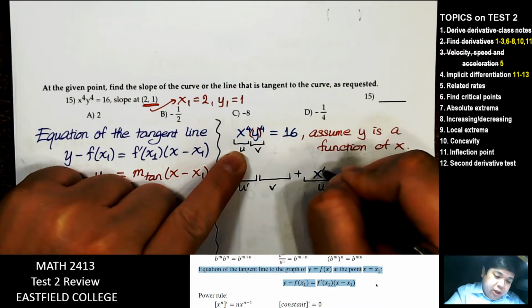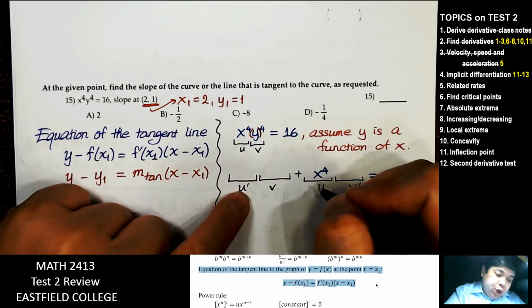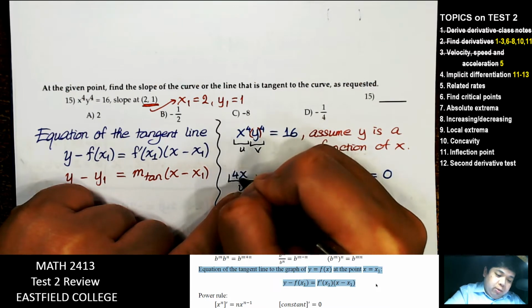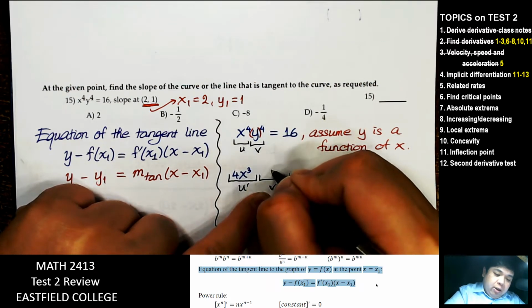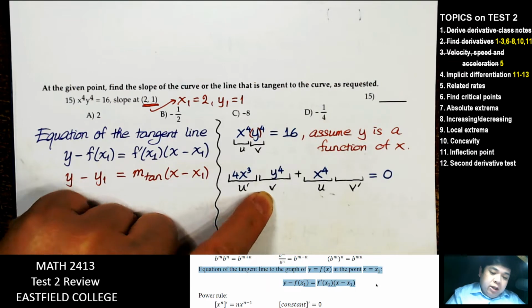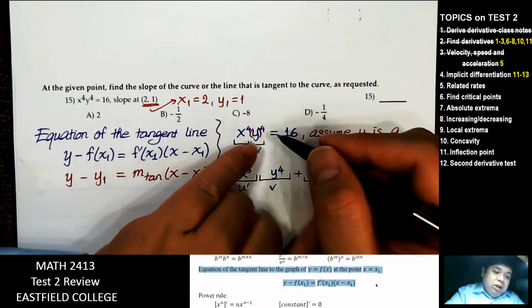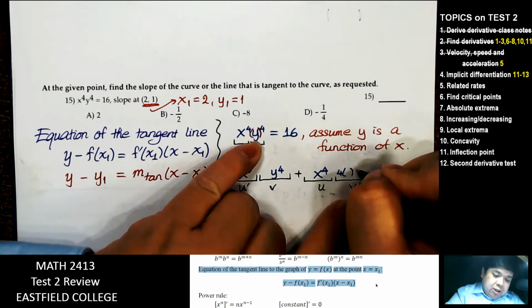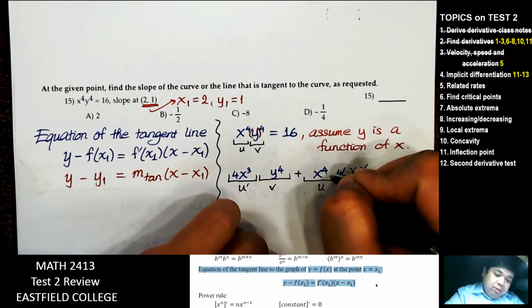So we have u here. U prime, derivative of that, 4x cubed. V, y to the 4th. V prime will be derivative of this. Will be 4 parentheses prime.